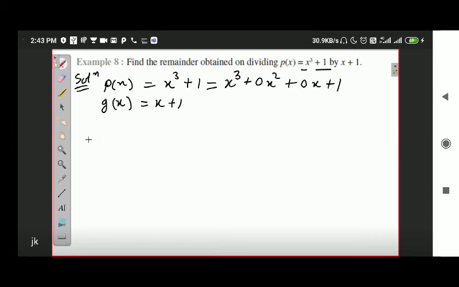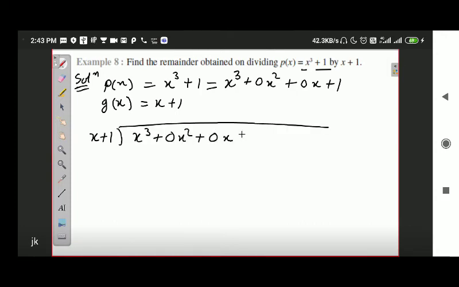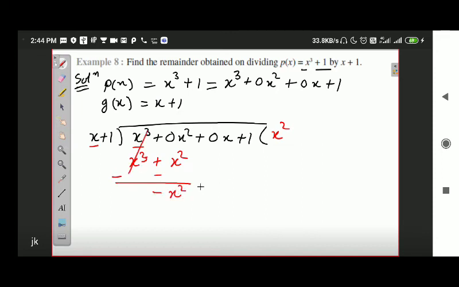Okay, now we have to do the long division. x plus 1 into x cube plus 0x square plus 0x plus 1. First of all, we will compare the first term. What should we multiply with x to get x cube? That is x square. So this is x cube plus x square. We change the sign and we have minus x square plus 0x plus 1. Once again, what should we multiply with x to get minus x square?